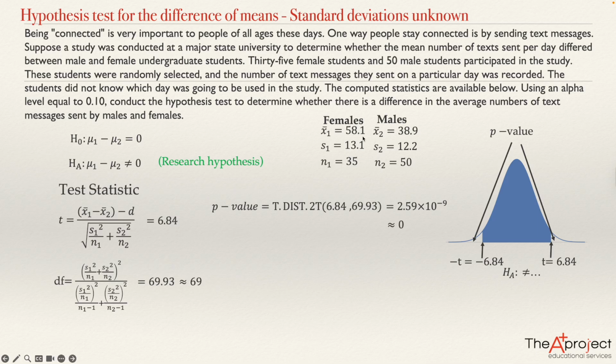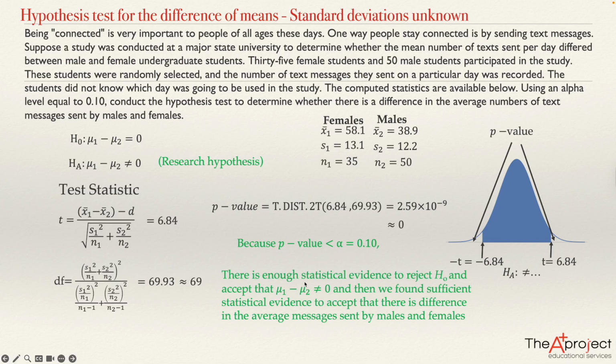It would be interesting to do another research, trying to check if the average text messages sent by female students are bigger than male students, because I noticed here in the sample that this number is bigger than the other. But that would be a different problem. It would be a one-tailed test. In this case, it was a two-tailed test. So because the p-value is less than alpha, there is enough statistical evidence to reject the null hypothesis, and we accept that there is a difference between the two averages.